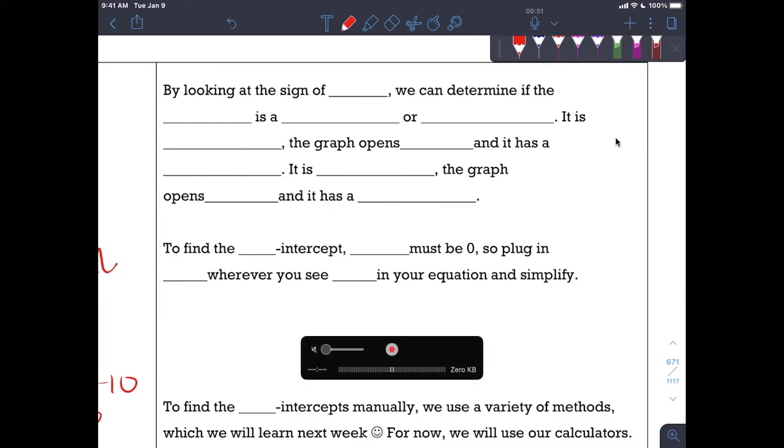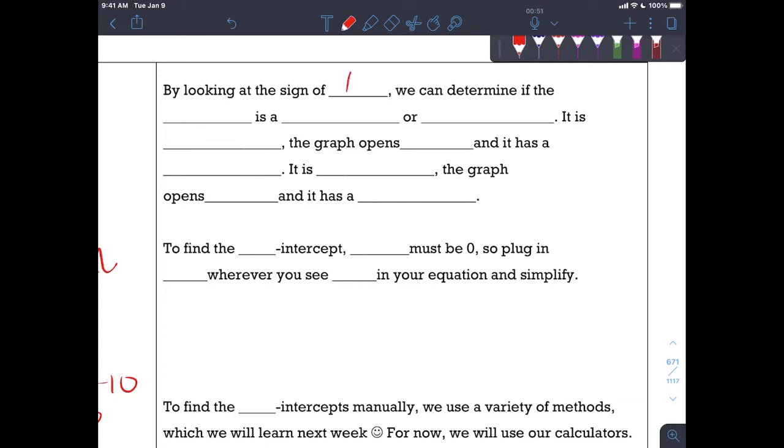So just to put this out in words, by looking at the sign of a, we can determine if the graph is an upward, positive, or downward opening graph.